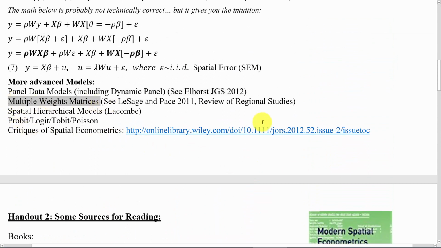Other examples are some people are setting up models with more than one spatial weights matrix. Just as an example, you might have one spatial weights matrix that might be truly spatial, where it's counties.